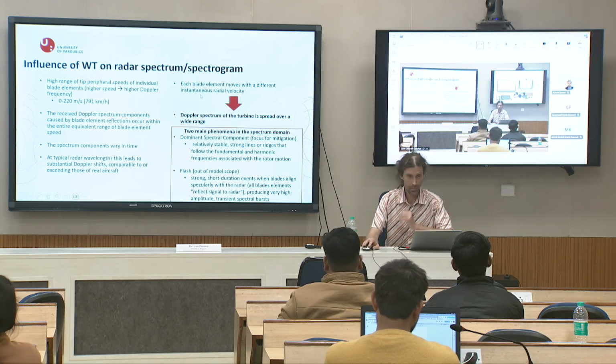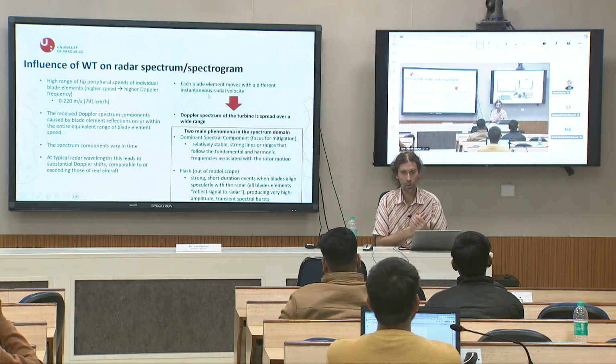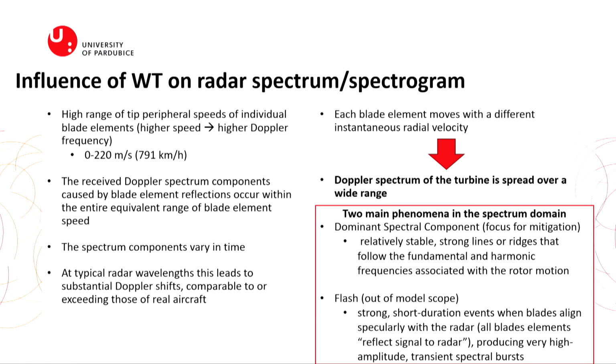So each element moves with a different instantaneous radial velocity, I already told you, and the Doppler spectrum of the turbine is spread over a wide range of frequencies. It is an important message. And of course, I already told you what will be the biggest influence: the end of the blade tips. This one, of course. The biggest peak, biggest Doppler, biggest amplitude.